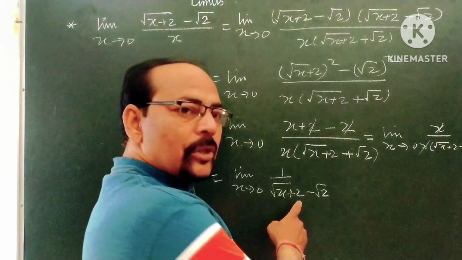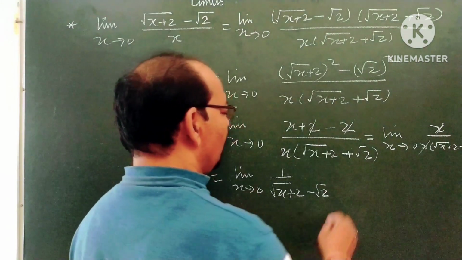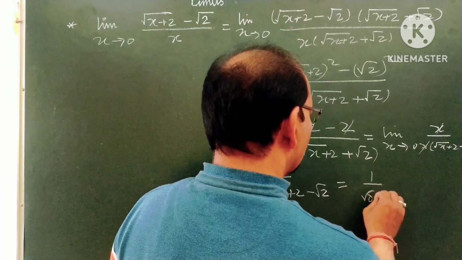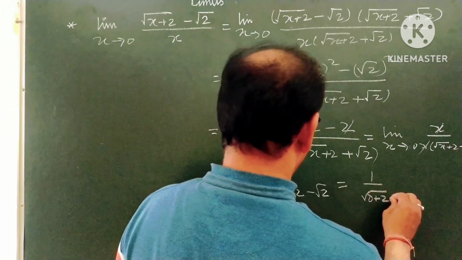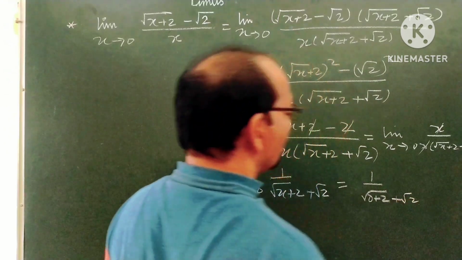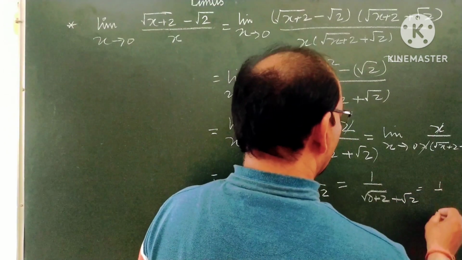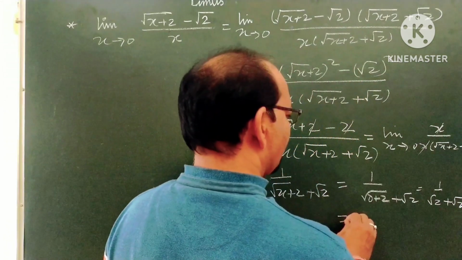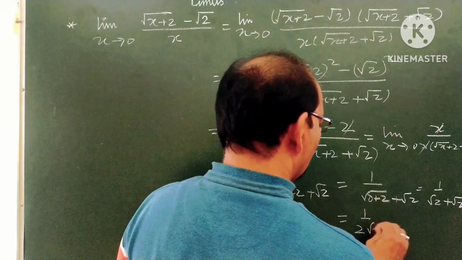If x tends to 0, we directly put it here, there will be 1 by root 0 plus 2 plus root 2. Therefore 1 upon root 2 plus root 2. Therefore it will be 1 upon 2 root 2.